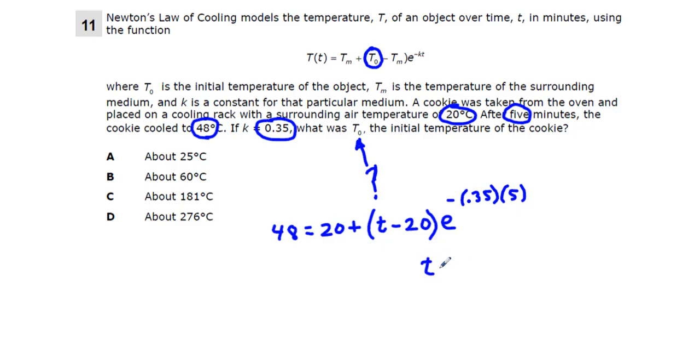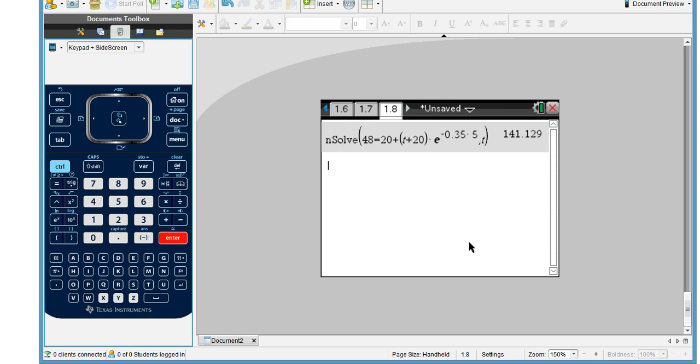Okay, t equals 141.1 degrees Celsius. And I do not see anything like that here. 48, 5, let's go look at this. 20 plus t, 48, 20, 20, negative 0.35.